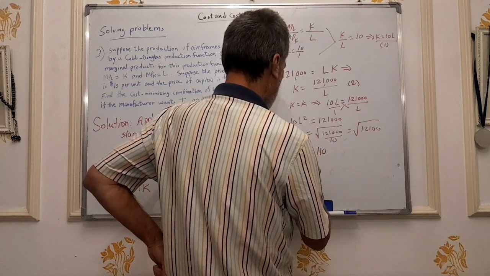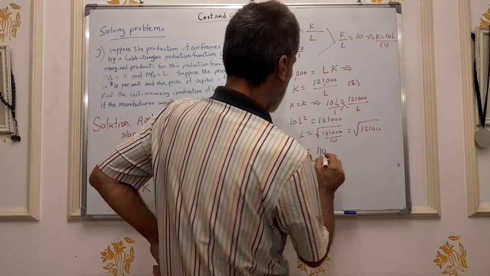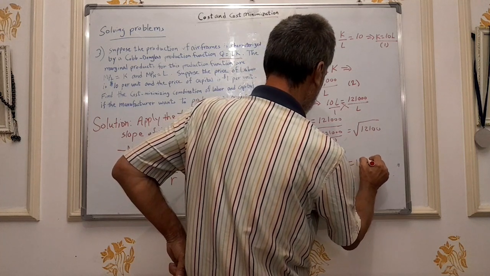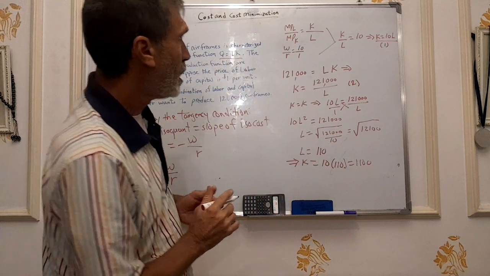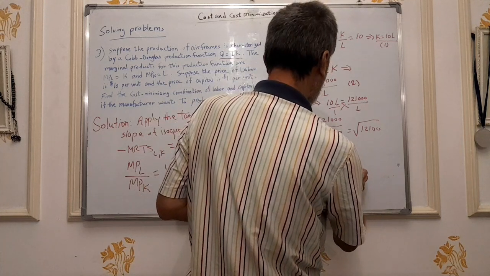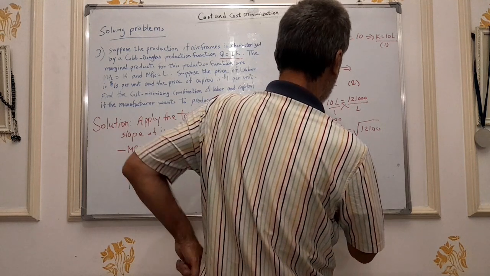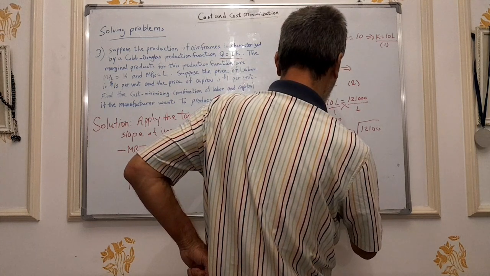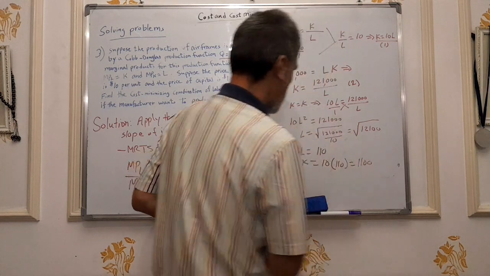And so therefore K is equal to 10L, which is equal to 1,100.